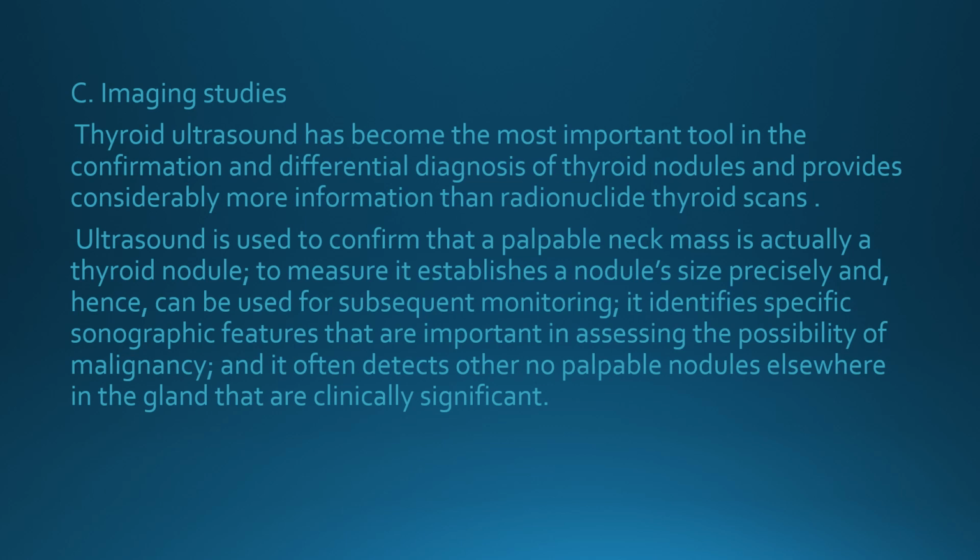Ultrasound is used to confirm that a palpable neck mass is a thyroid nodule, to measure a nodule size precisely, and hence can be used for subsequent monitoring. It also shows specific sonographic features that are important in assessing the likelihood of malignancy, and it often detects other non-palpable nodules elsewhere in the gland that are clinically significant.